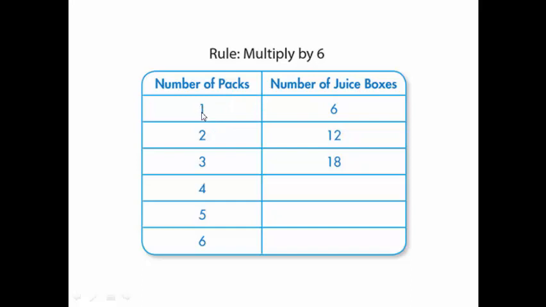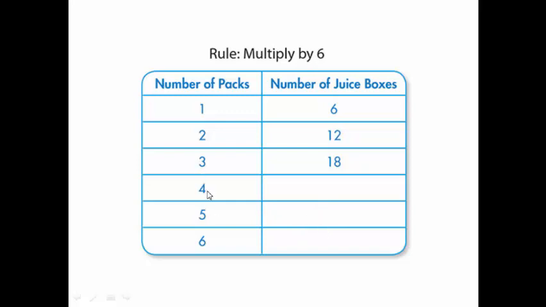Right now I have 1 and my rule is multiply by 6. So if we multiply 1 by 6, it will be 6. 2 times 6 is 12. 3 times 6 is 18. We have 4, 5, and 6 here, and we don't know what the answers are.